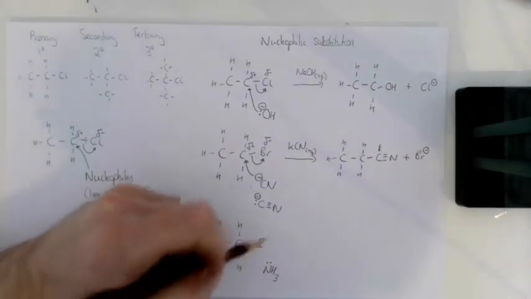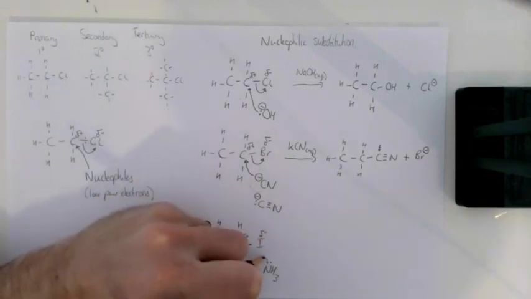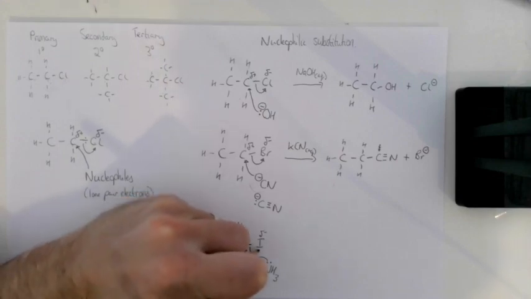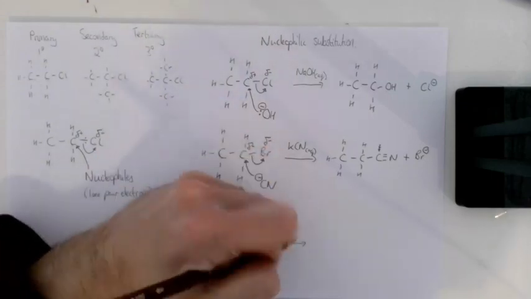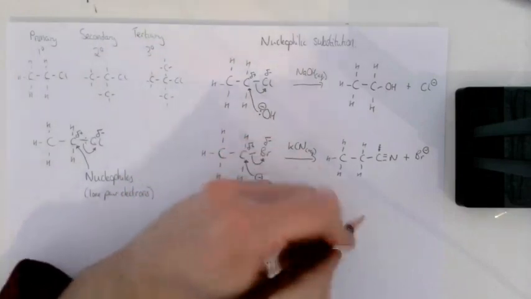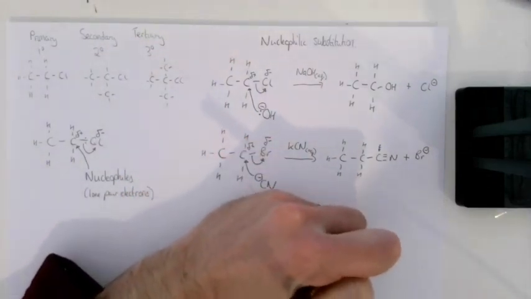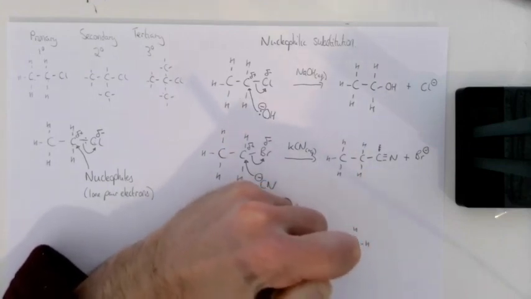So what happens? Delta plus, delta minus, the ammonia goes in and attacks specifically the carbon, and kicks the iodine out. So it would just be ammonia that you'd use in this, NH3. This gives you this as a product.